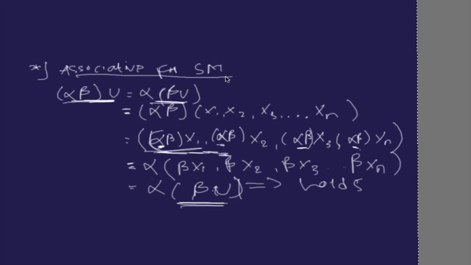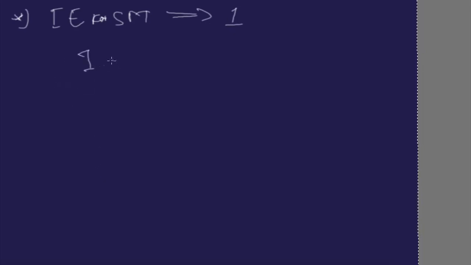And then I hope this is the last one: the identity element for scalar multiplication. What is the identity element for scalar multiplication? It's the number 1. So the property is that 1 times u will be u.